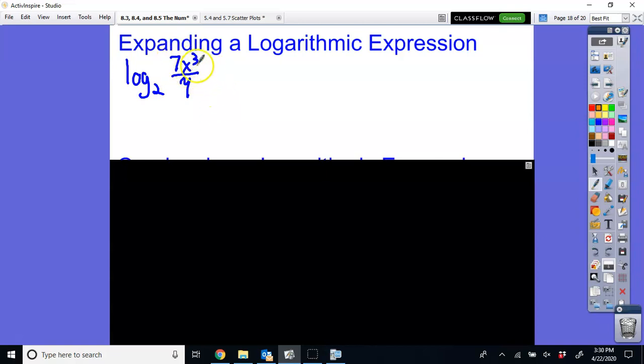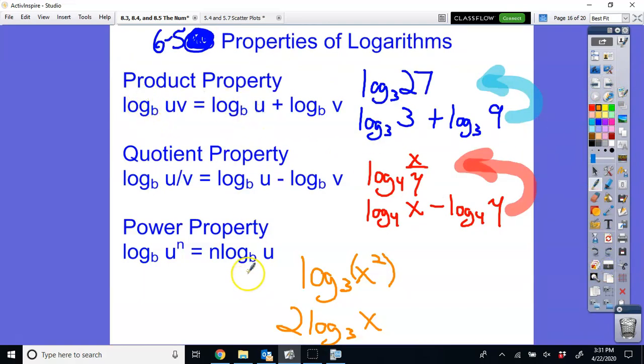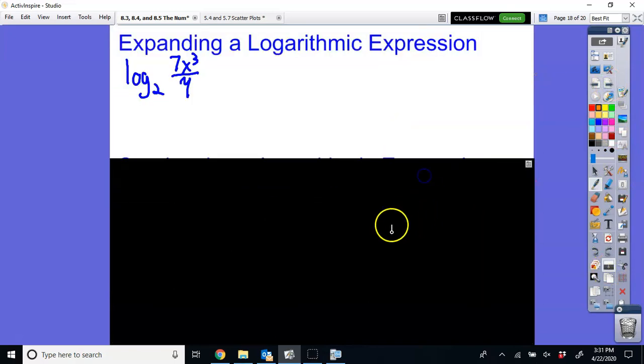And then I have x cubed. That's the 3 things that we were talking about on our properties. You have the product, you have a quotient, you have a power. But notice, like I said, not everything has the power, only the x does. Not everything is multiplied, only the 7 and the x cubed on the top are.